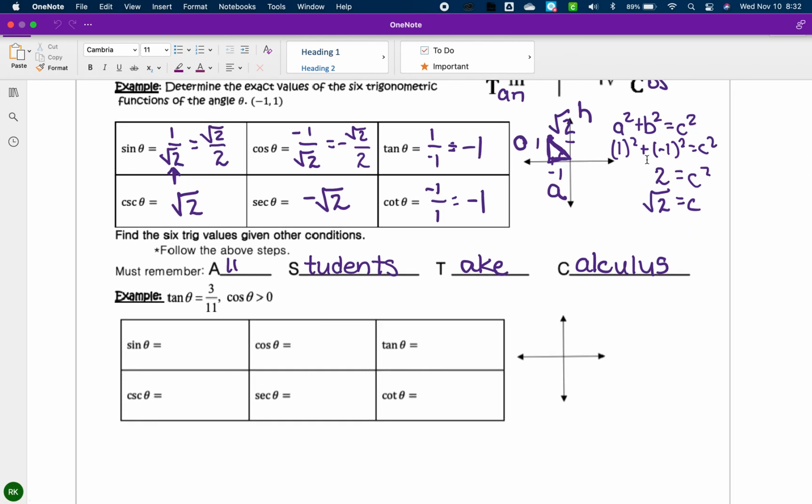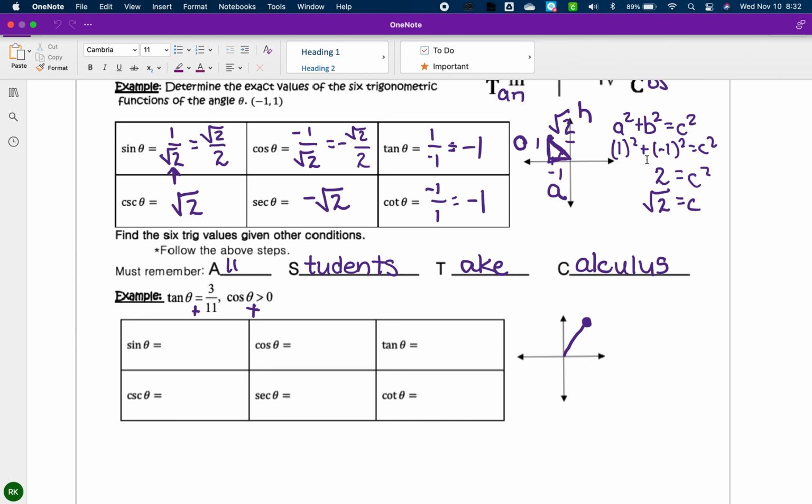Okay, so how could that be helpful? Well, if I look here, tangent is positive, and it says cosine theta is greater than 0. That means that cosine is also positive. So where is it that two different things are positive? Well, it must be in quadrant 1. That helps me know which quadrant it is in.